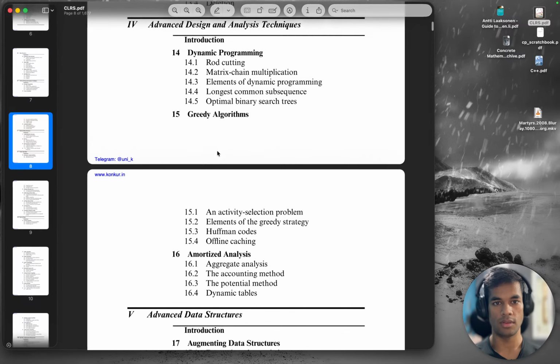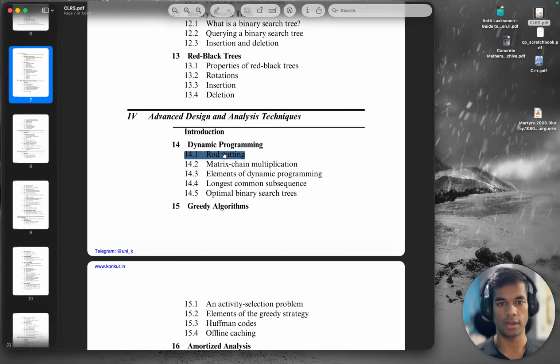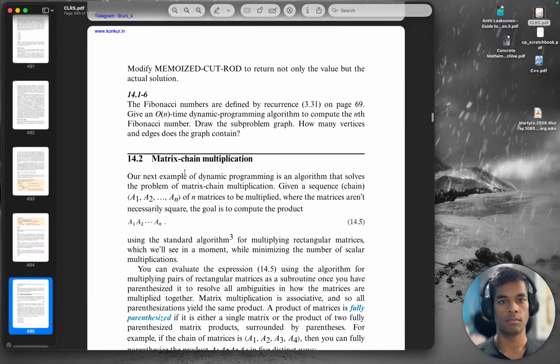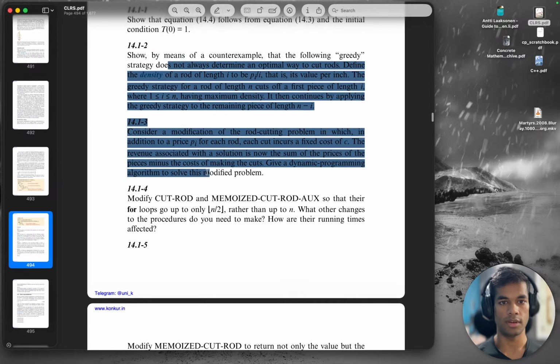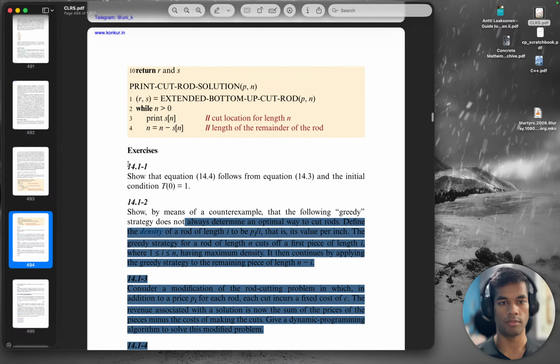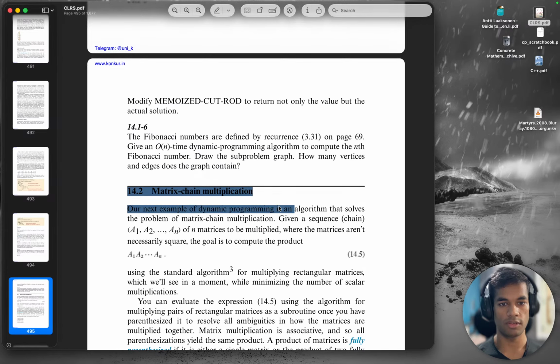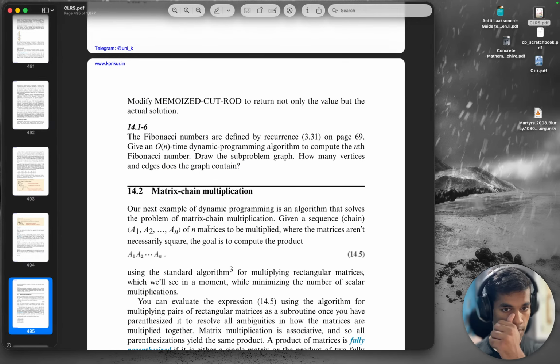Anyways, dynamic programming. Yesterday we did rod cutting, and that was fine. In the rod cutting example, we even did all of these exercises, which was pretty cool. And today, let's go through this section, matrix chain multiplication.